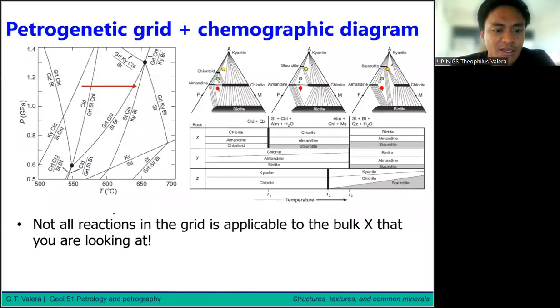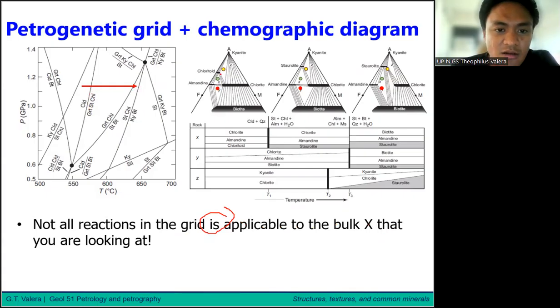So ito yung sinasabi ko kanina, not all reactions in the grid are applicable to the bulk composition that you are looking at. Let's say, for example, ito yung sa petrogenetic grid. Supposedly, yung sequence is chloritoid, magiging garnet, staurolite, chlorite, and then magiging staurolite, biotite.